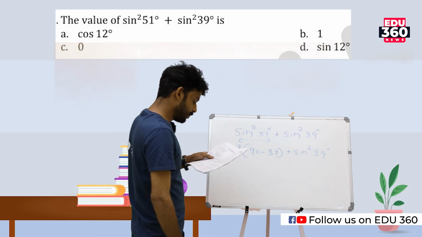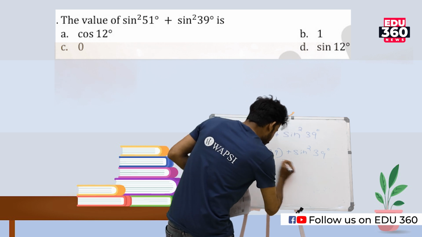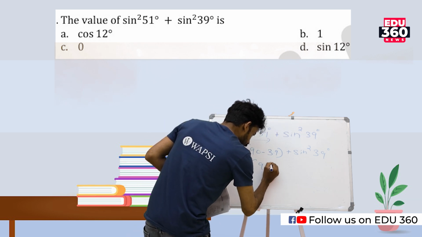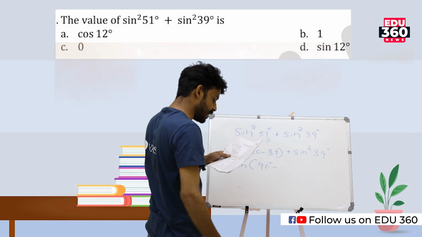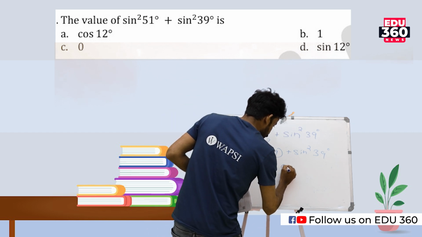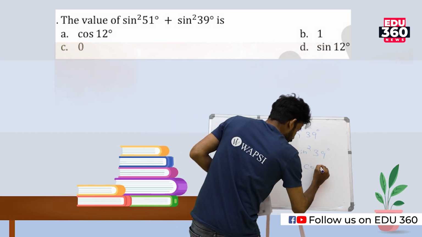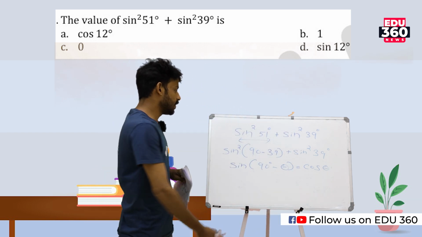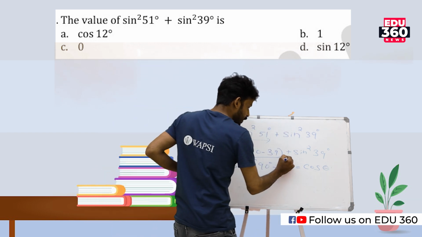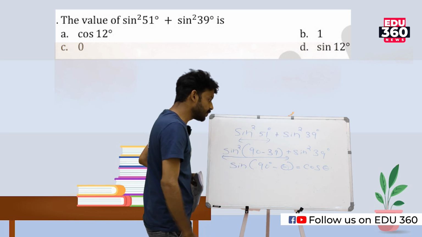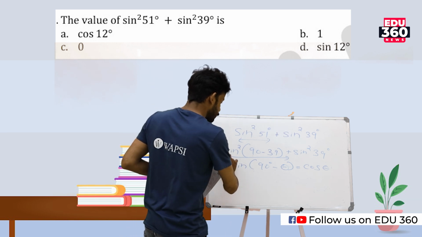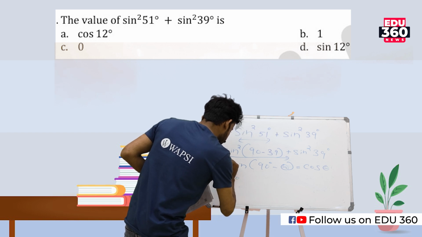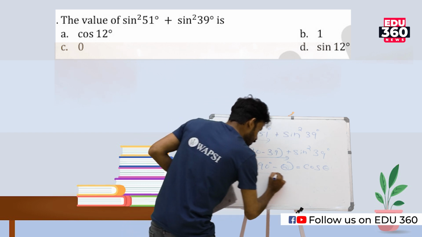We know that sine of (90 degree minus theta) is equal to cos theta. It's better to put this in a table.